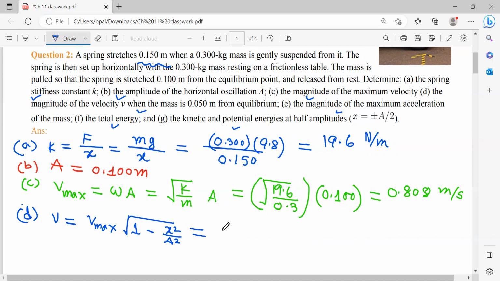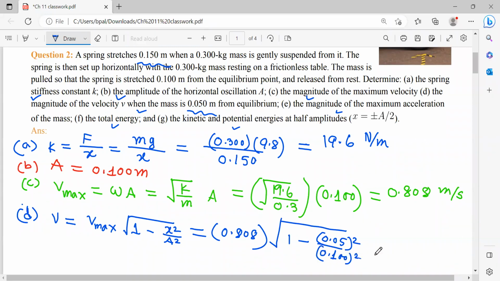Vmax is 0.808, square root of 1 minus x squared over A squared, where x is 0.05 meter and the amplitude is 0.100 meter.